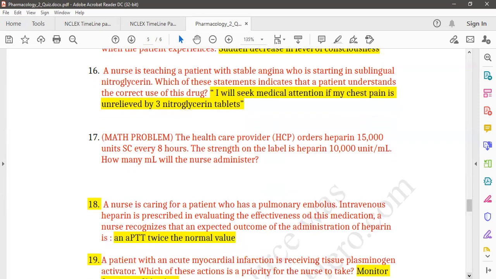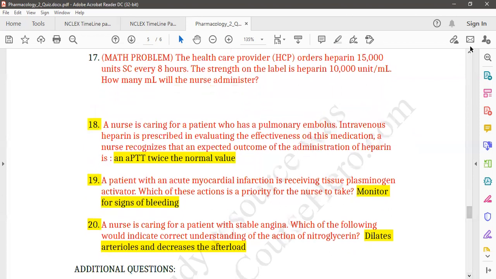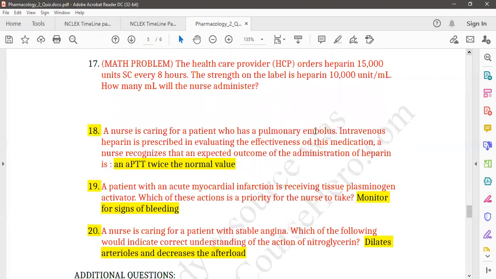Question number 18. The nurse is caring for a patient who has pulmonary embolism. Intravenous heparin is prescribed, and in evaluating effectiveness, the nurse recognizes that the expected outcome of heparin administration is an activated partial thromboplastin time twice the normal value.